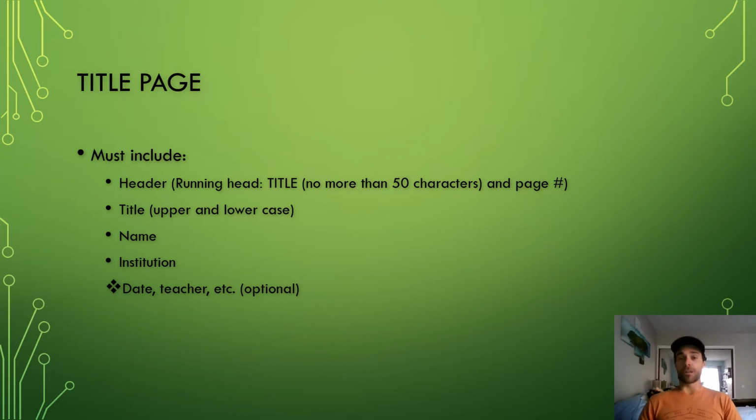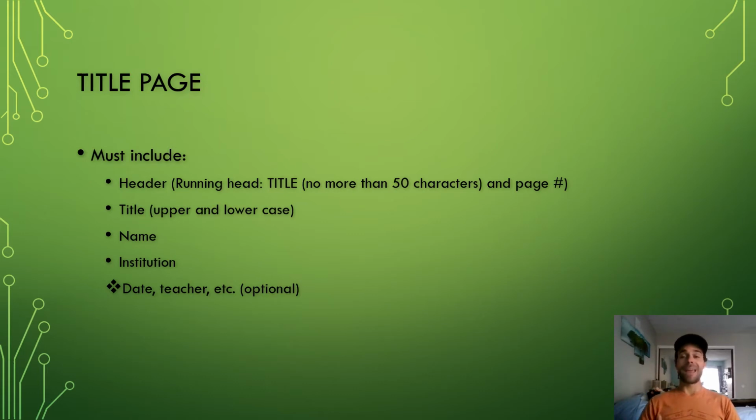The 3 required parts of the title page are going to be the title of your paper in upper and lower case, your name, and the publishing institution, so the institution that you're at or that you're writing for. Again, just like the organization of the paper, these 3 sections are the necessary pieces.